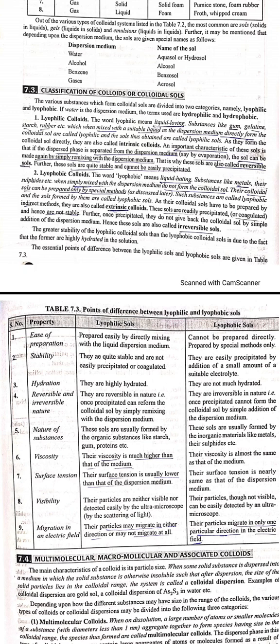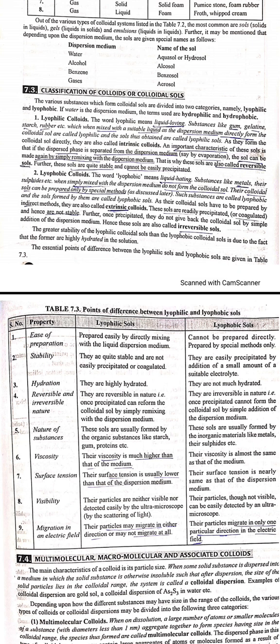Now, our next topic is lyophobic colloids. The word lyophobic means liquid hating. Substances like metals, their sulfides, etc., when simply mixed with the dispersion medium, do not form the colloidal sols. Their colloidal sols can be prepared only by special methods, as discussed later. Such substances are called lyophobic, and the sols formed by them are called lyophobic sols.